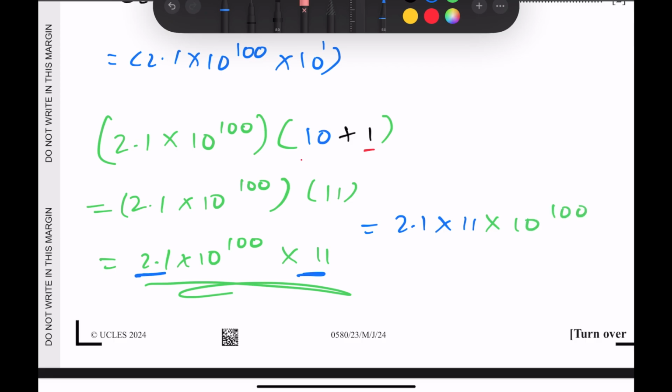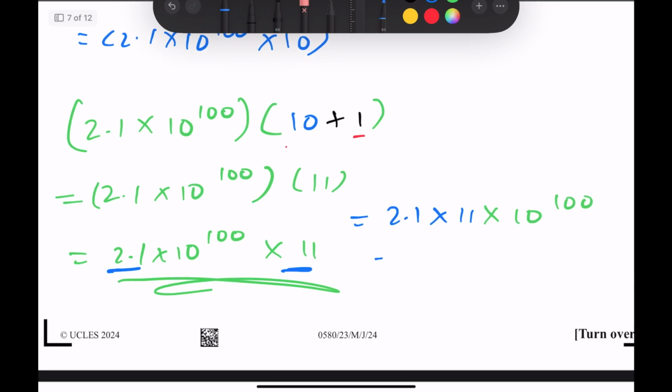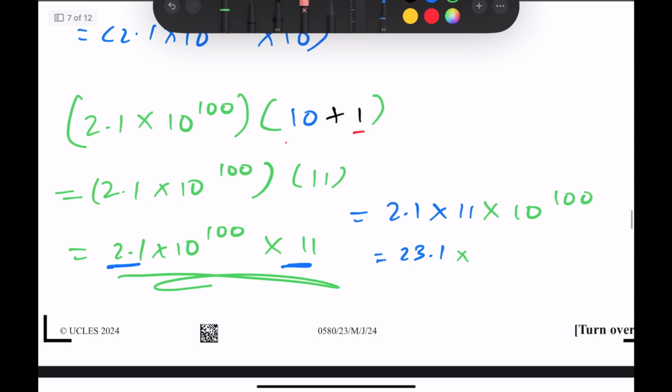And 2.1 times 11 is equal to 23.1 times 10 to the power of 100. And 23.1 can be rewritten as 2.31 times 10 to the power of 1 times 10 to the power of 100.